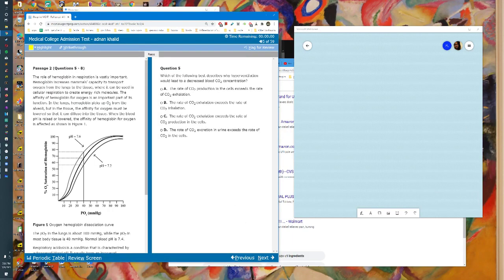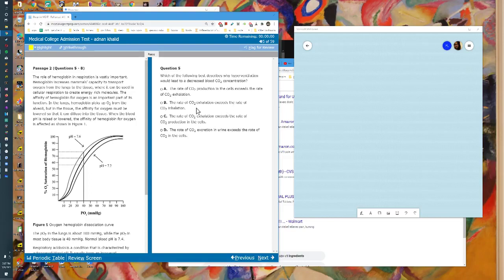Alright, now this one, let's see. Hyperventilation basically means that you're just breathing more and more. You're ventilating more, which means more CO2 is leaving.